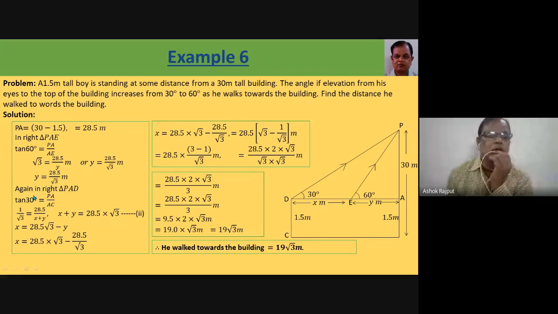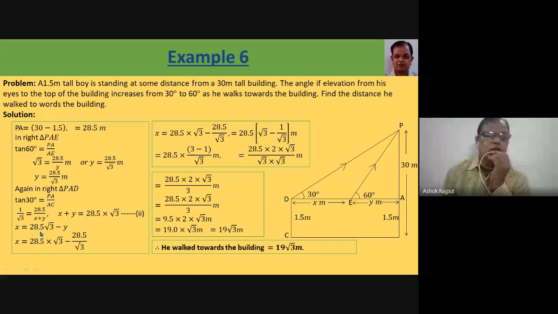Now as we have found it here, again right angle triangle PAD, tan 30 equal to PA upon AD, 1 by root 3 equal to 28.5 by x plus y, so x plus y equal to 28.5 into root 3, it is equation number 2.